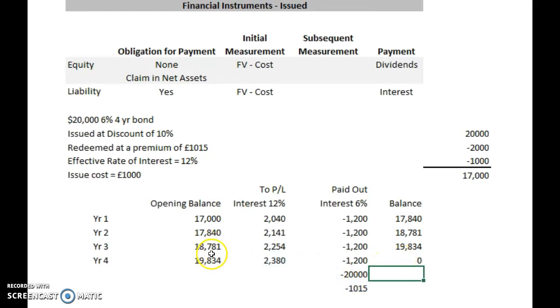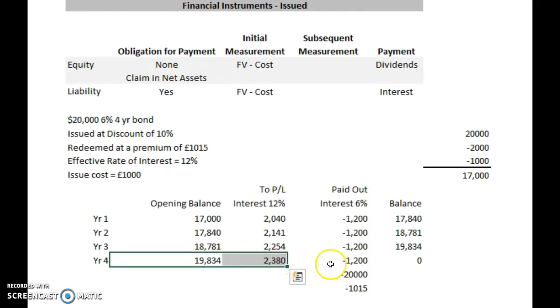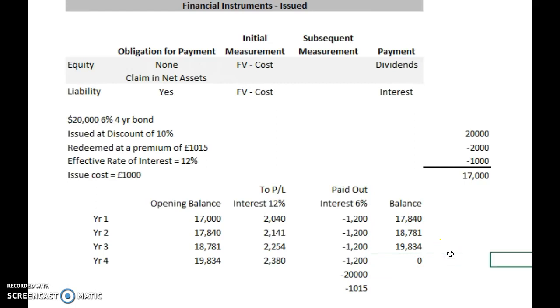So what I've done there, I've summed the opening balance, added the interest, and then I've taken out all that we paid back, and these three will add up to these two. 22,215, as do these, 22,215. So the balance is 0, which is what we want to see, nicely, tidily closed at the end of the trade.